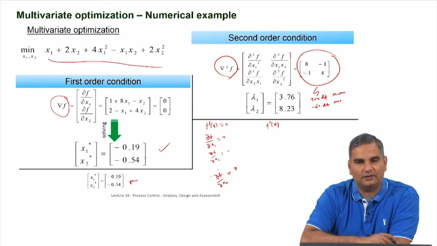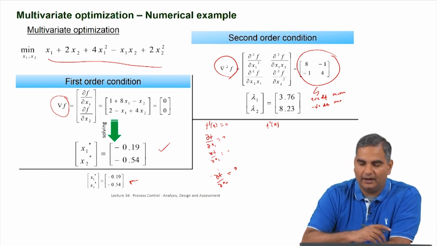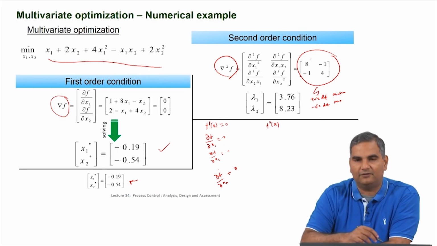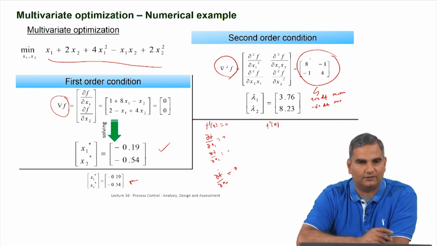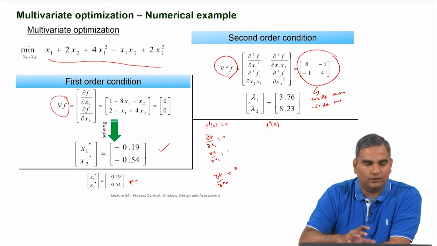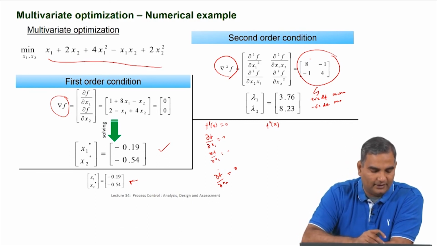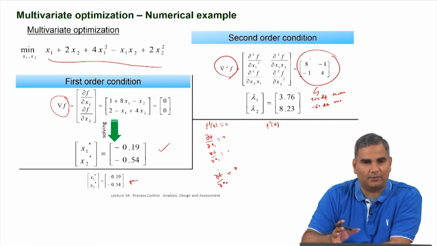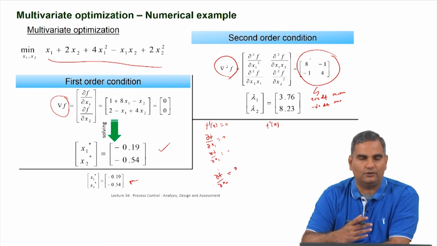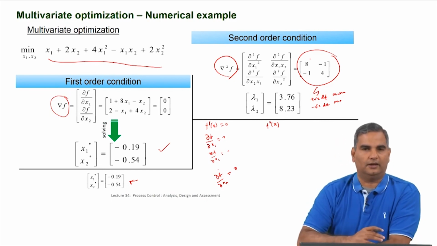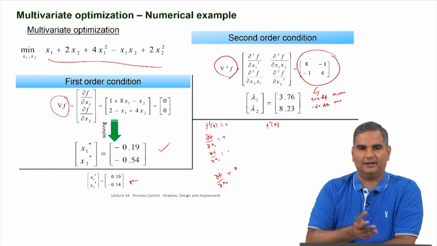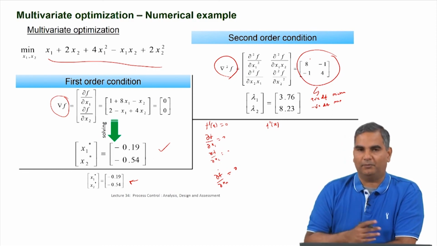Once I find a solution, whether it is a maximum or minimum point, I have to figure out by doing a Hessian and then finding out whether it is positive definite or negative definite. You do not have to worry about this, you simply have to understand that once I have a solution, there is a way to find out whether it is a maximum or minimum, and any software program that you use to solve these optimization problems will be able to do this computation and basically tell you that this point is a maximum point, minimum point and so on.